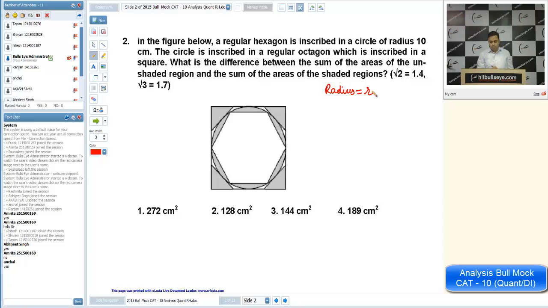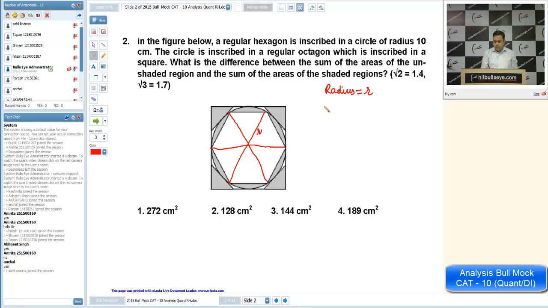Now here you can say that this hexagon is nothing but you can divide it into 6 equilateral triangles, and the side of this triangle is equal to the radius of the circle.